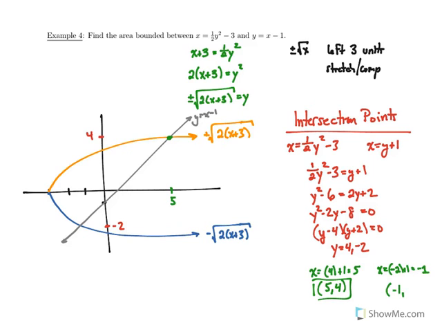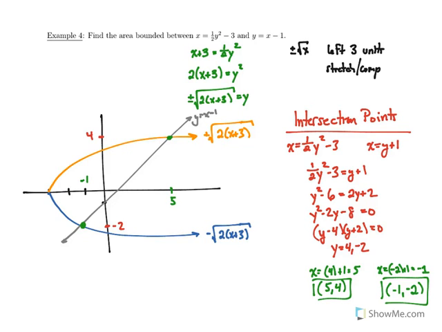That's going to be the point (negative 1, negative 2). All right, now we have a good detailed picture, and from there we can think about top and bottom functions. We're going to do that on the next page.